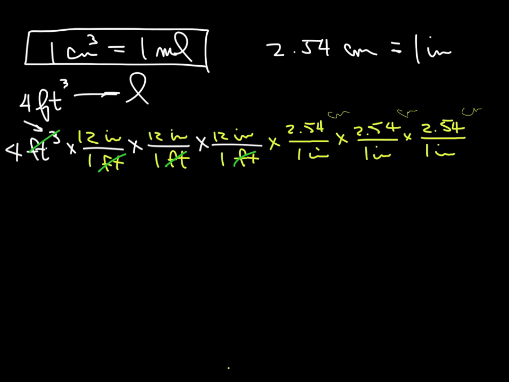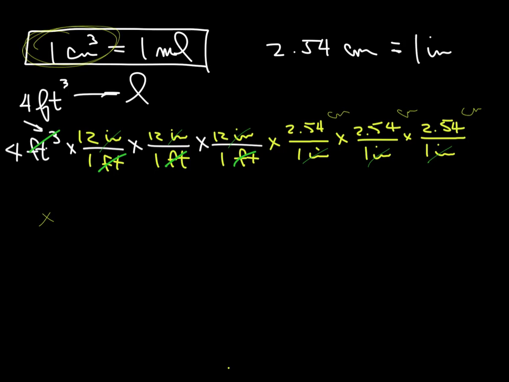Alright, so I can cancel that with that, that with that, that with that. So the only thing I have left is 3 of those centimeters, and I'm going to go down below here. And now at this point I'm converting centimeters, because I have 3 of them here. So I've got cubic centimeters, and I'm going to change it to milliliters.